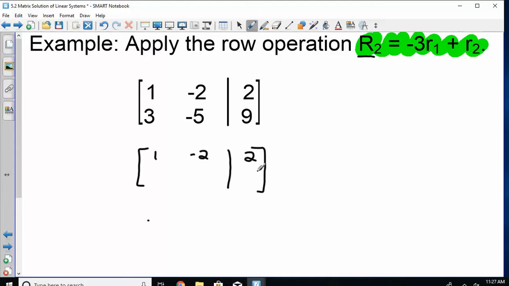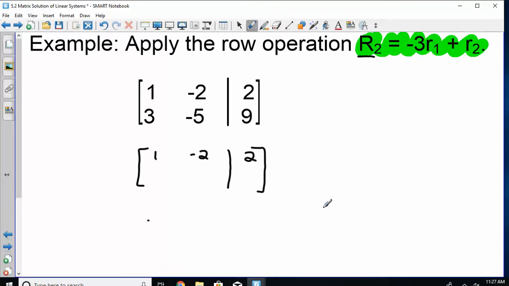Now, to get the new row, we are going to do the operation that is listed. So it says you are going to take row 2 and replace it with -3 times row 1 plus row 2.